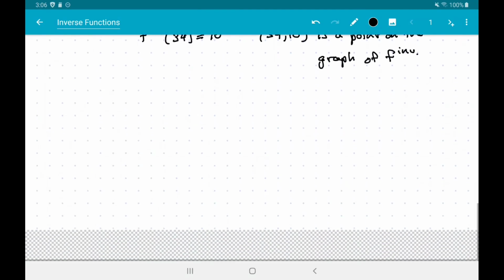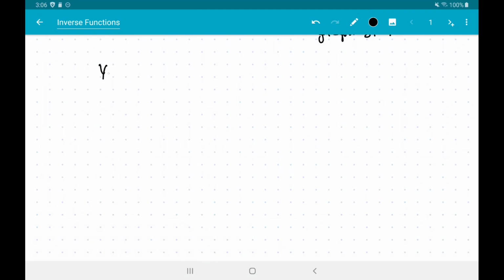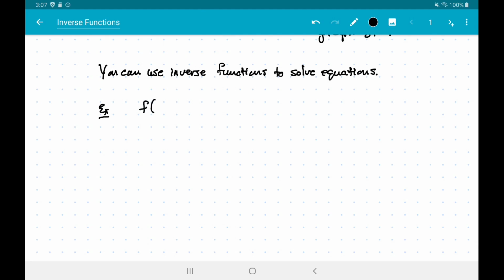An important thing to know is that you can use inverse functions to solve equations. So here's an example. Suppose that I know that f of 3t is equal to 6, and I want to solve for t.